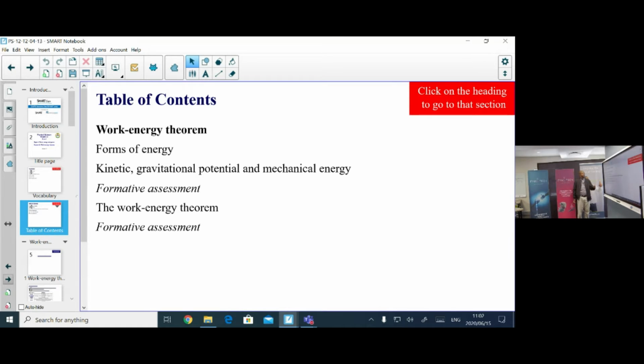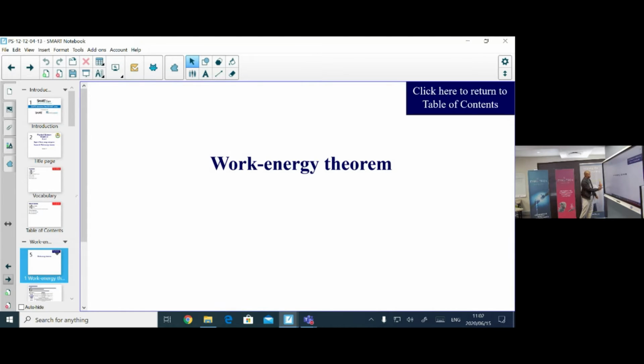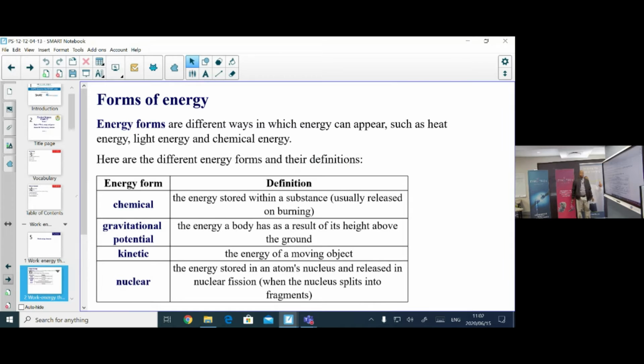The gravitational potential energy is the energy of an object at a particular height above the ground. Or you have to say, the energy of a body as a result of its height above the ground.